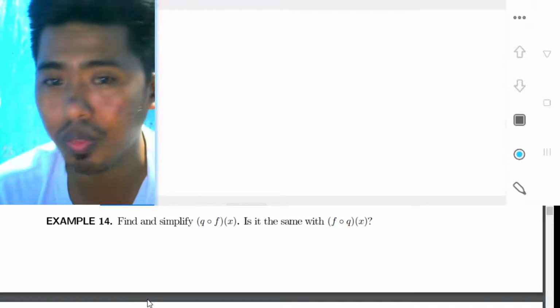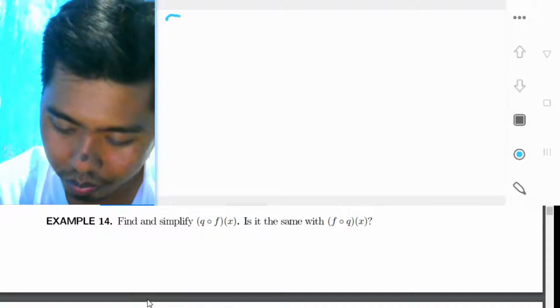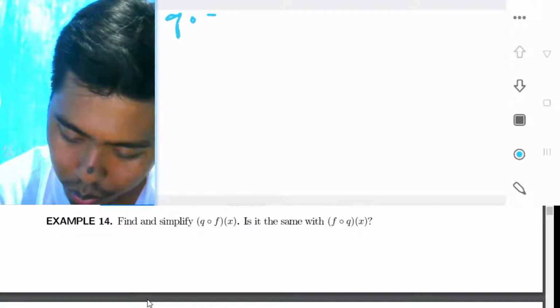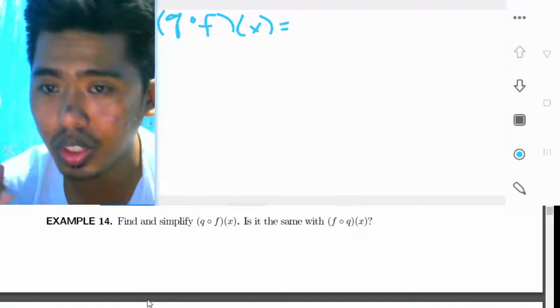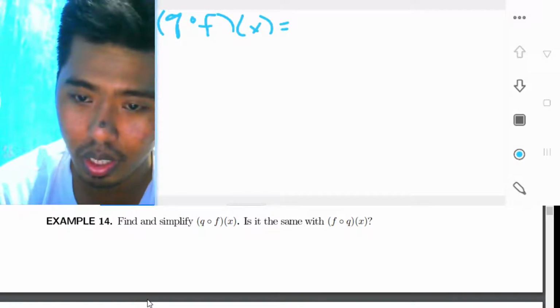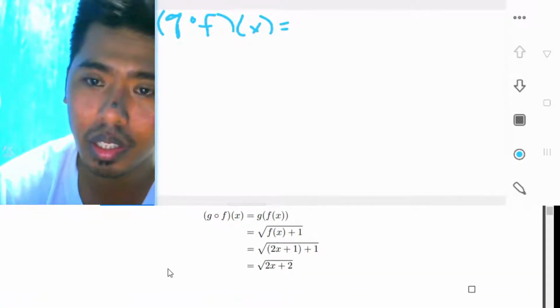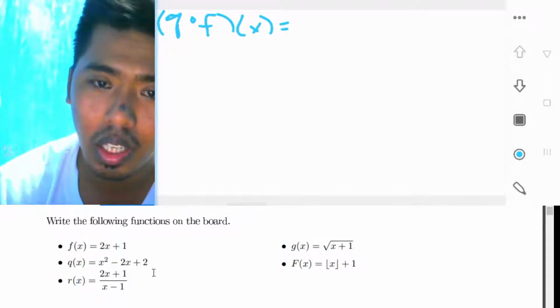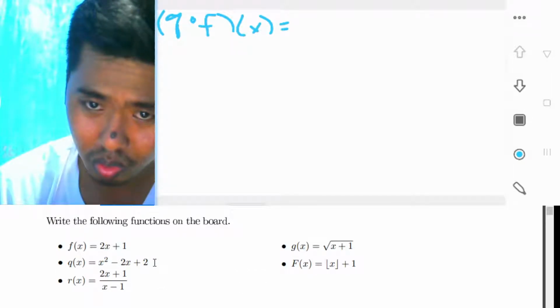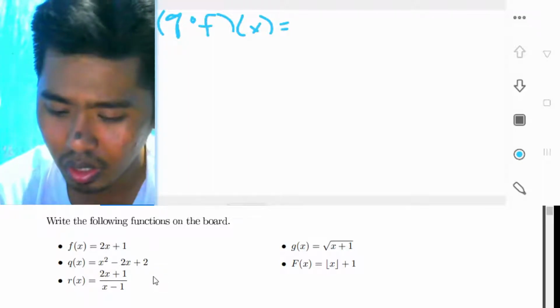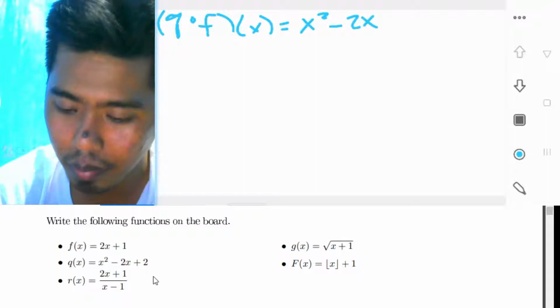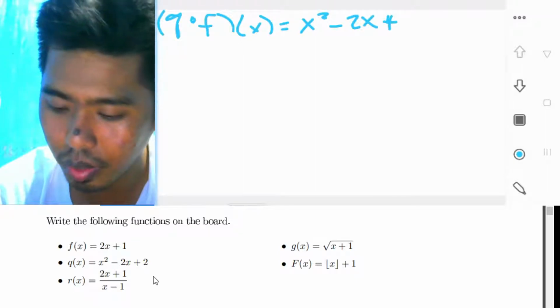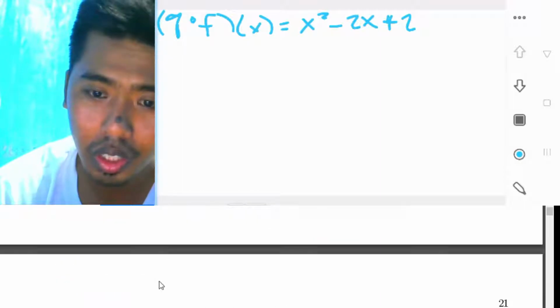Okay, so first we need to find q composite f of x. Let's start with the q, since q comes first. The original function of q of x is x squared minus 2x plus 2, right? That would be our q of x.